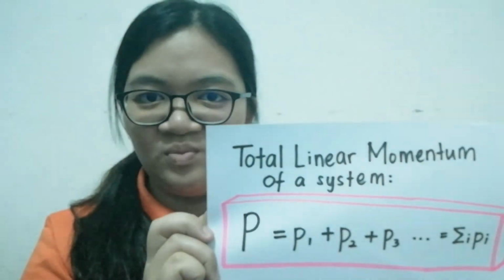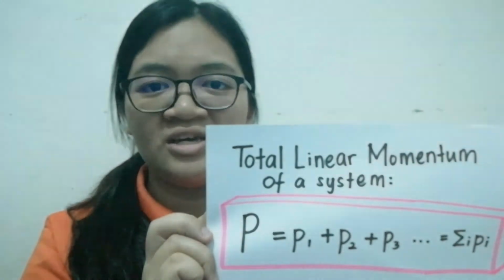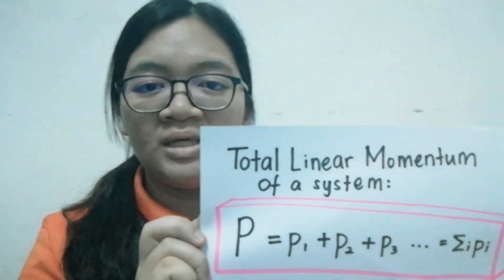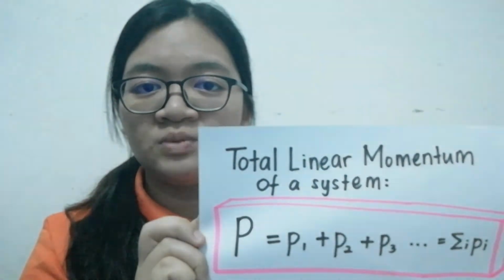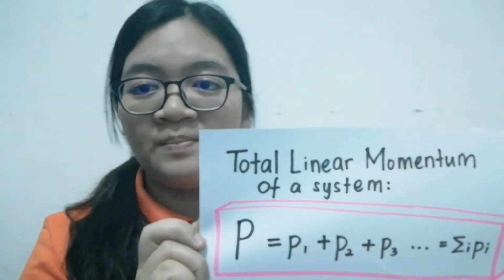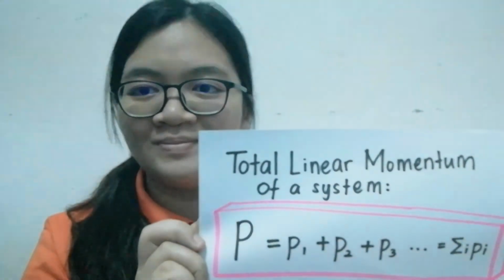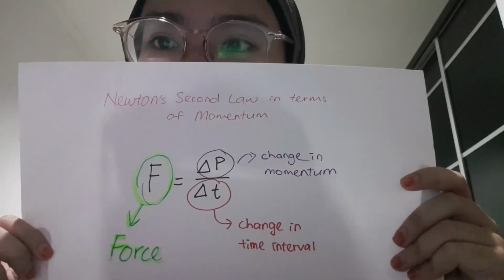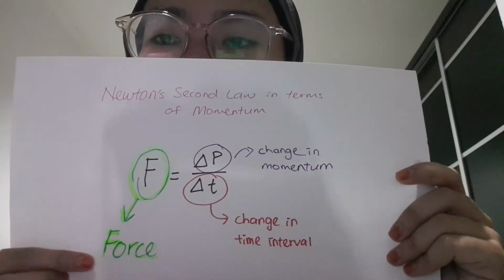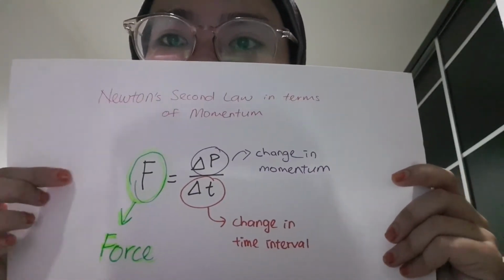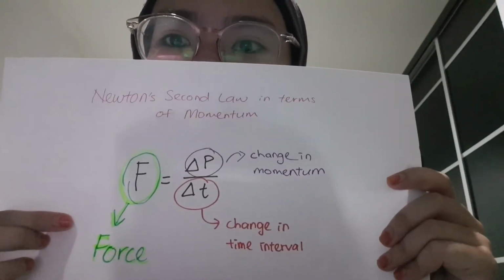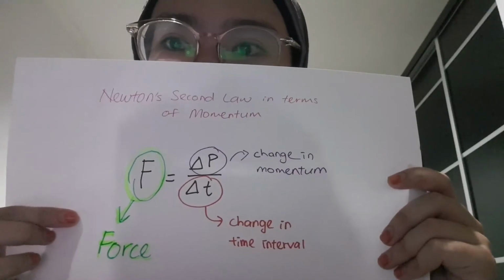This is the formula for total linear momentum of a system, which is P equal to P1 plus P2 plus P3 and so on. Newton's second law in terms of momentum. As you can see here, this is force, delta P is change in momentum, and delta t is the change in time interval.